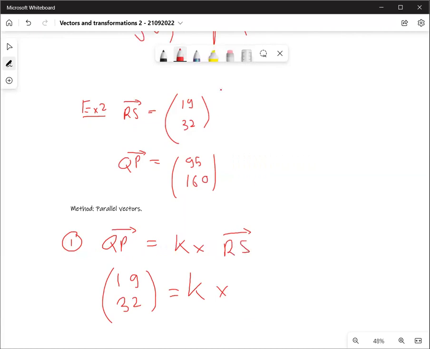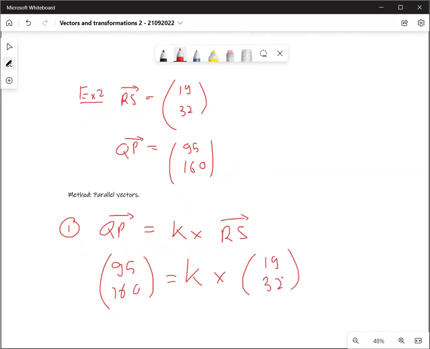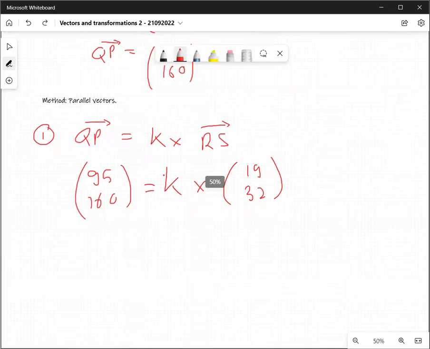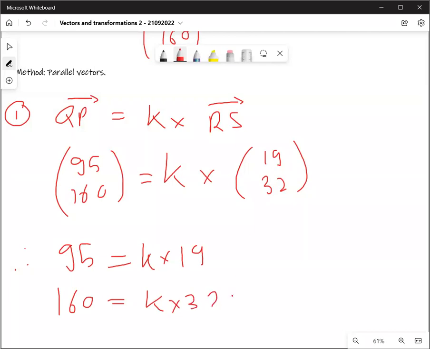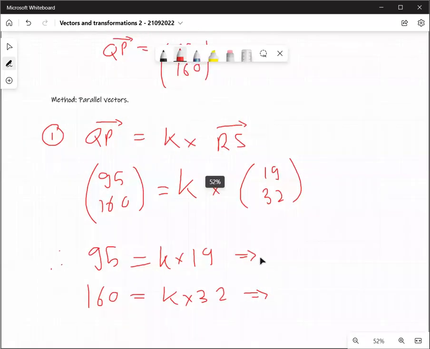Now we have 95, 160 must be equal to some number multiplied with 19, 32. Now, in this case, how do I find K? I know, therefore, 95 is equal to K into 19 and 160 is equal to K into 32. Now you're going to solve these equations and tell me what is the answer for K.